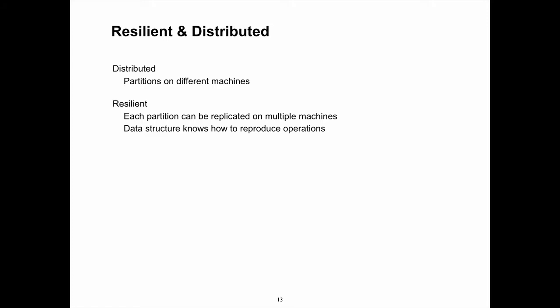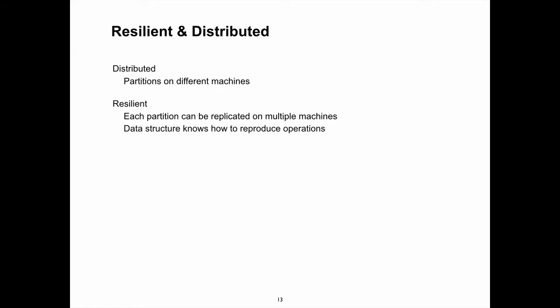And typically, the other way it's resilient is that Spark doesn't send a partition to just one machine. It will take this partition and send it to several machines. One is the master and one is the backup.